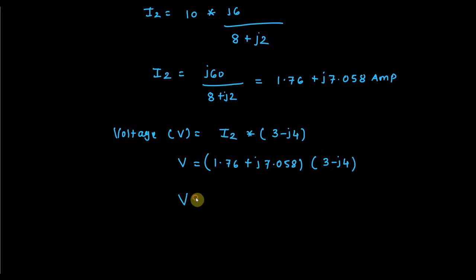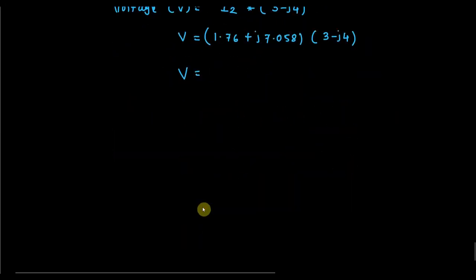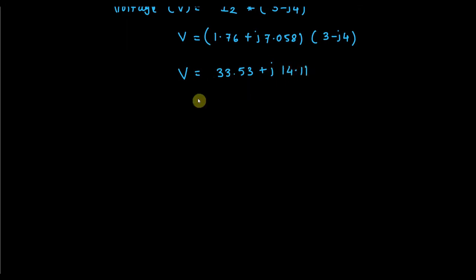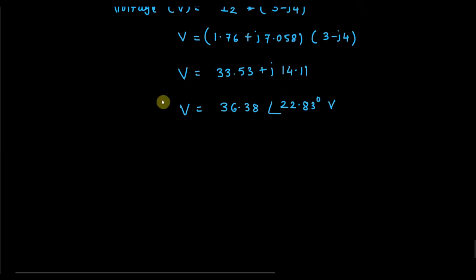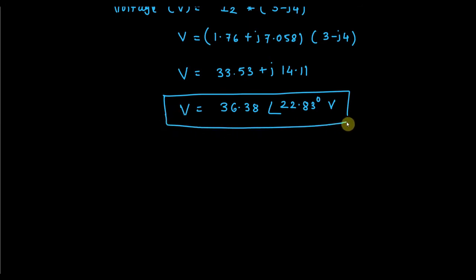If you solve this in your calculator, you will get your answer as 33.53 plus J14.11. When you find this answer in polar form, it comes out to be 36.38 at an angle of 22.83 degree volts.